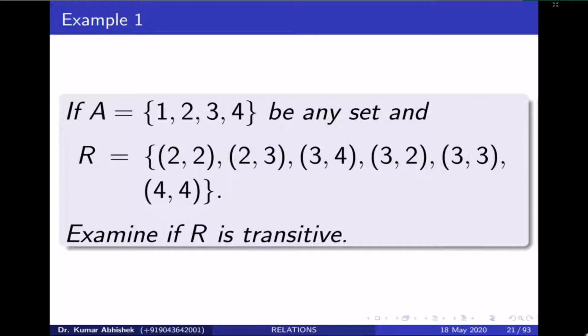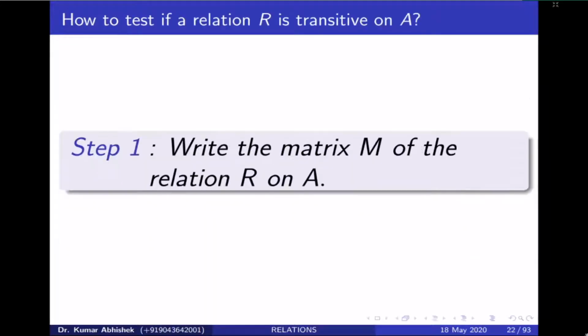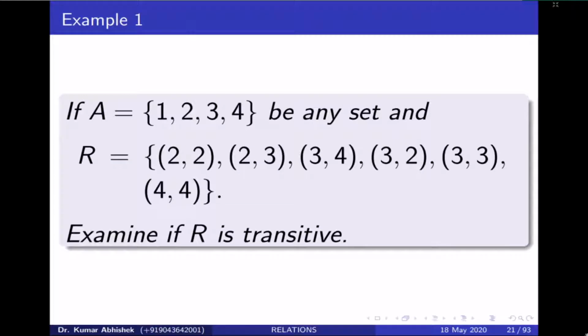So we have seen that it can be done in simple steps, where step number 1 is writing down the matrix M of the relation R. I advise the students to write down the relation so that they can refer to it as we progress with the steps.